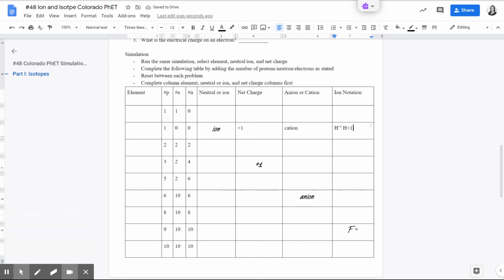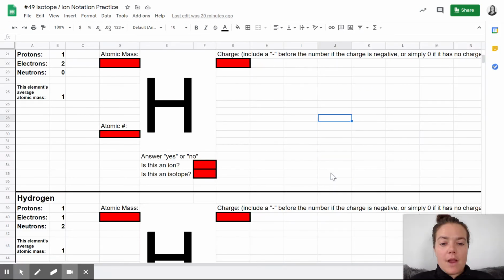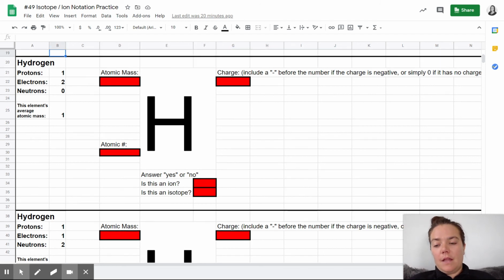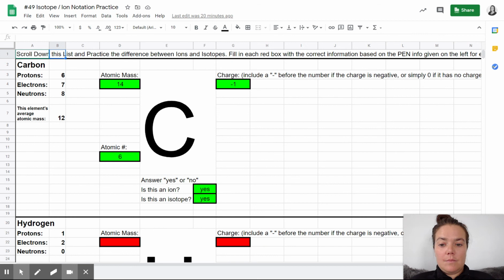Okay, so that is assignment number 48. Assignment number 49 is going to be a quick way for you guys to practice using the information about different elements to make the symbols.